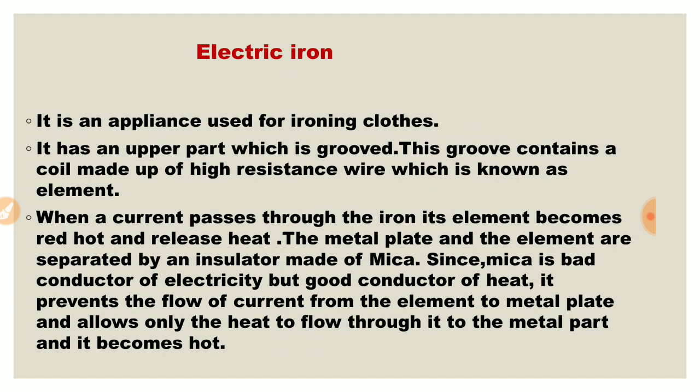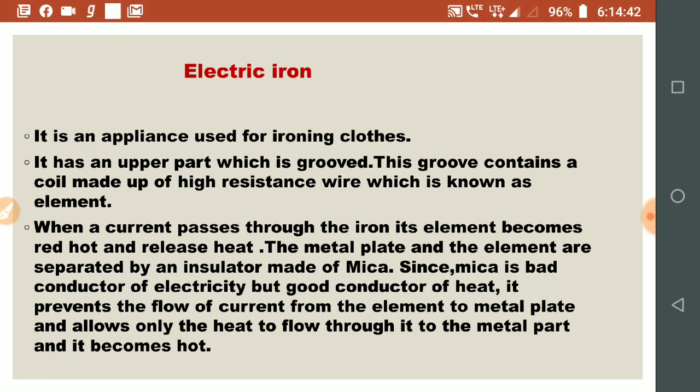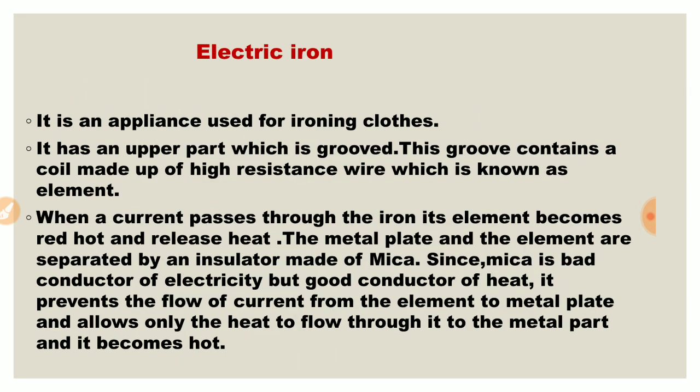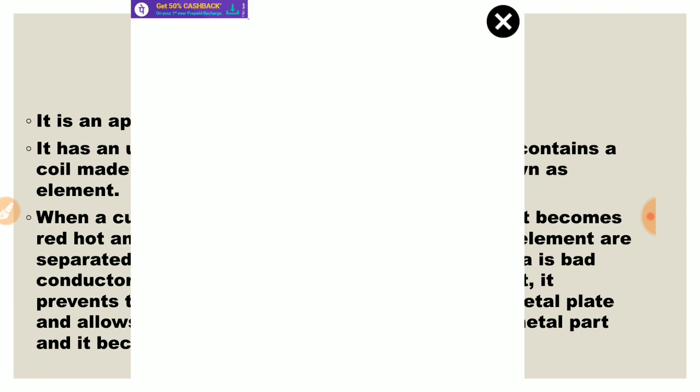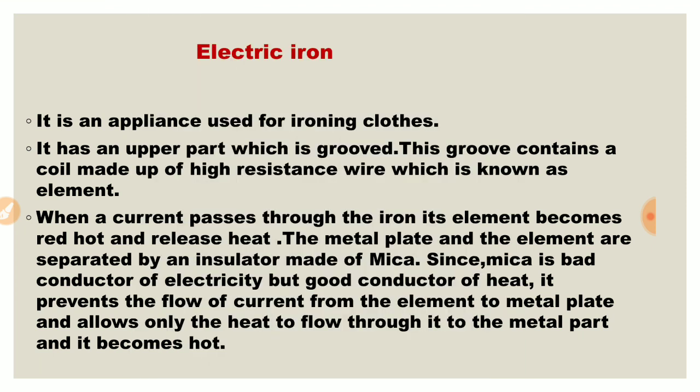Next one is electrical iron. It is an appliance which is used for ironing clothes. Its upper part is grooved, and this groove contains a coil made up of high resistance wire, and it is known as element. So when a current passes through the iron, its element becomes red hot and releases heat, and the metal plate and the element are separated by an insulator. दोनों के बीच क्या लगा होता है? एक insulator which is known as mica.